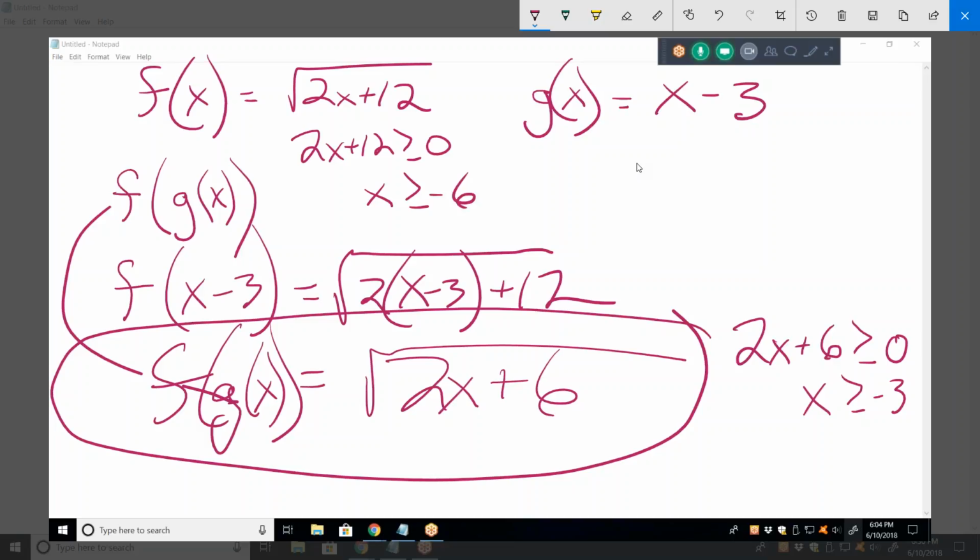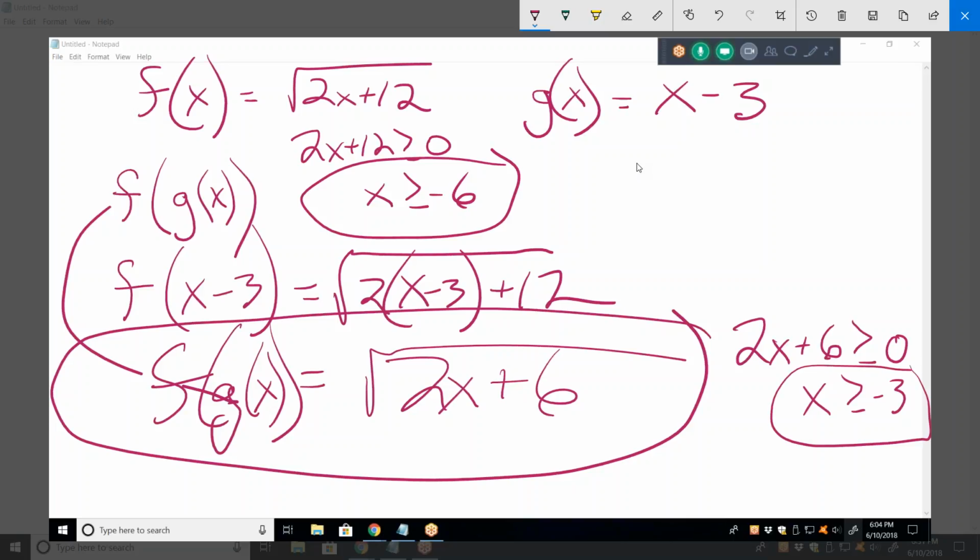What's the domain of g? 3. Oh, g of x can be all real numbers. Oh, actually, yeah, you're right. Since it's not a square root of anything. For the domain of our final answer, it's the more restrictive domain. This is more restrictive. I'm sorry, I got it wrong.